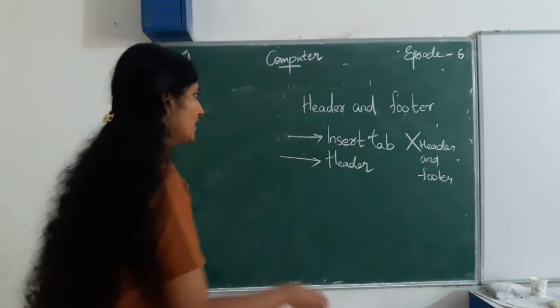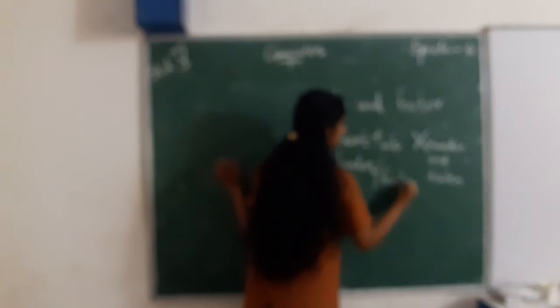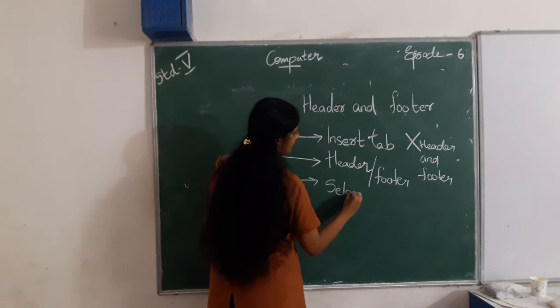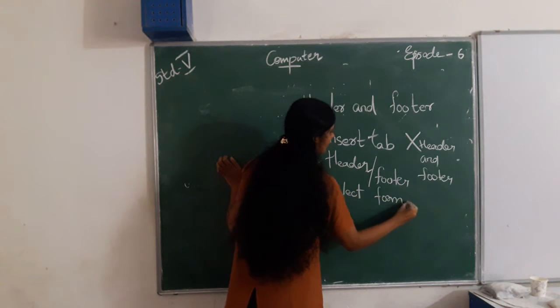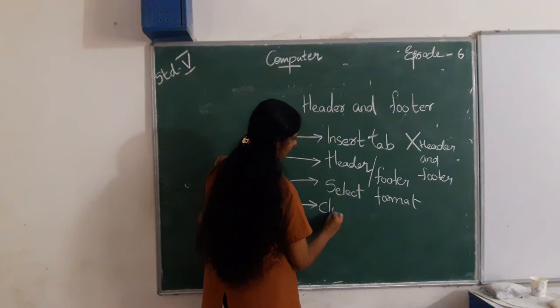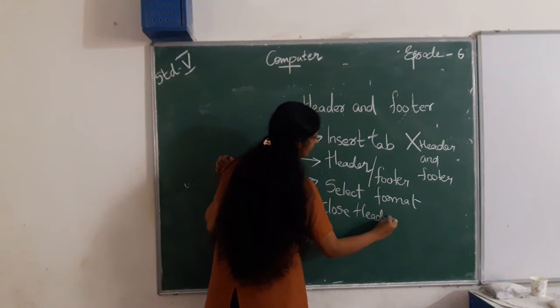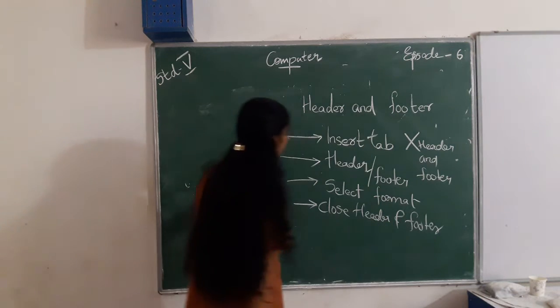Okay, same. So Insert tab, header or footer, then select the type or select the format. Then after that, close header and footer. These are the 4 steps.